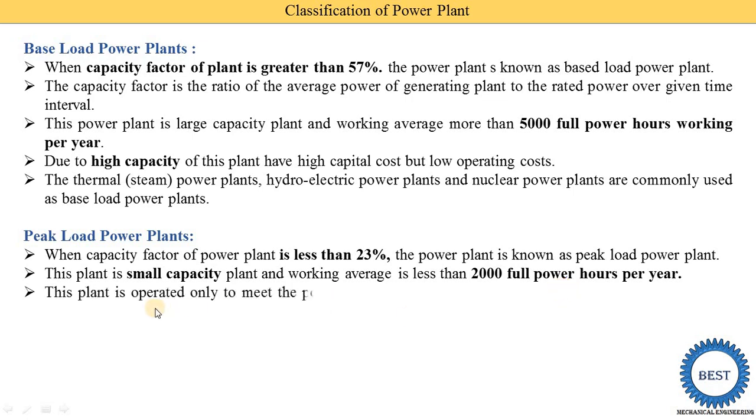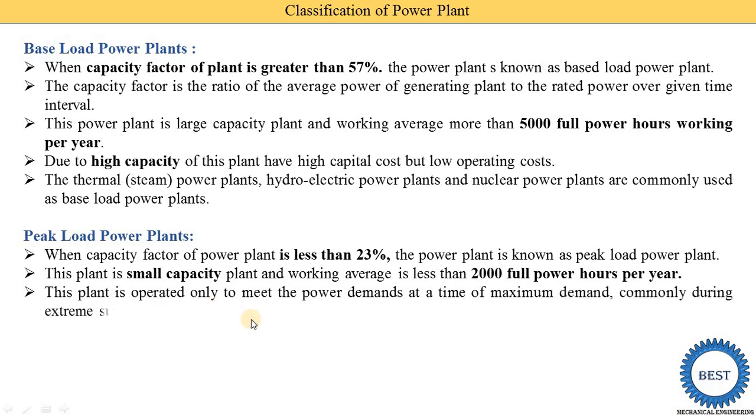This plant is operated only to meet the power demand at the time of maximum demand, commonly during extreme summers and extreme winters. This means the peak power plant starts only when the power demand is higher, like in the summer season and extremely cold winter season. In India, in the summer season, we feel very hot environments and we use air conditioning systems. When all the people start their air conditioning, the load on the power plant increases.